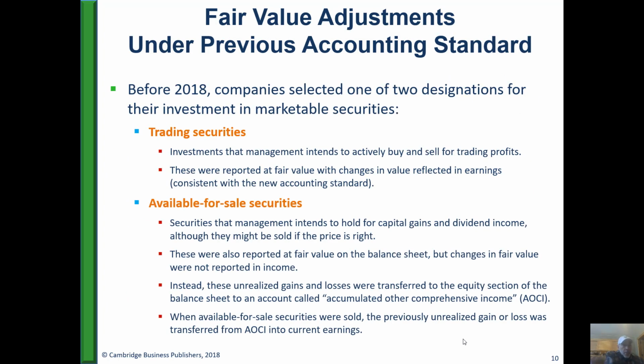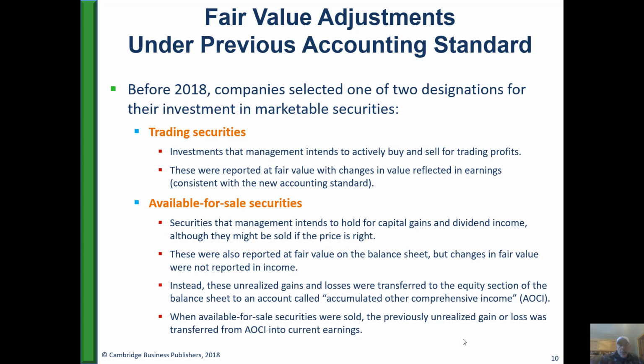So you'll see this because, as I mentioned, this accounting begins in 2018, so we need to be familiar with how you'll see it recorded on your 2017 and 2016 financial statements. So it used to be that these securities were categorized by trading and available for sale securities. And trading securities were reported at fair value, but available for sale securities were not reported at fair value.